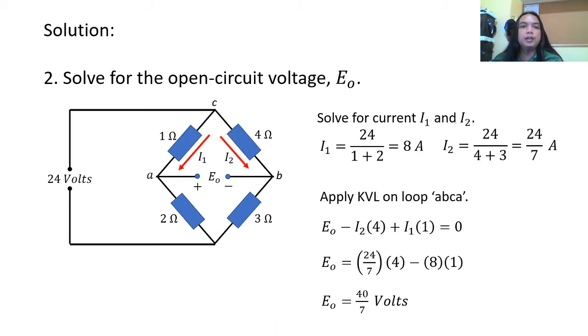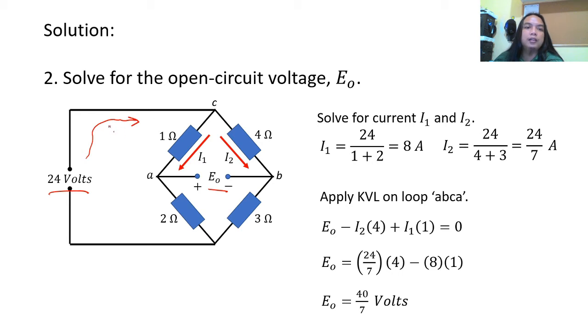Next, solve for the open circuit voltage. For the open circuit voltage, you need to put the power supply voltage back, then open circuit the load and replace it by EO. Then we have here an arbitrary current direction, since you have a voltage source.